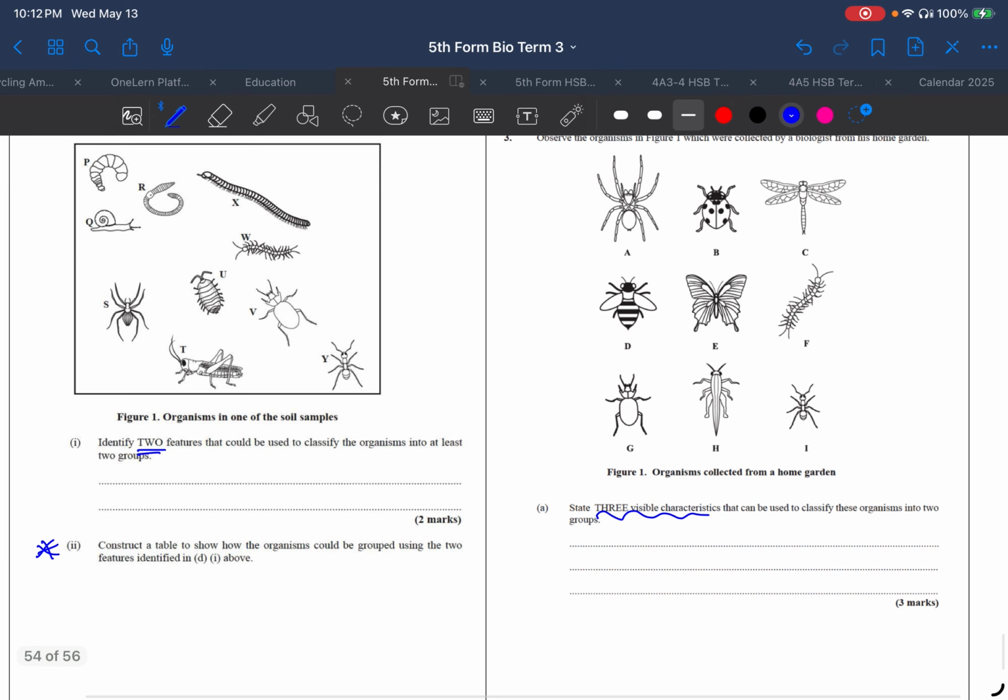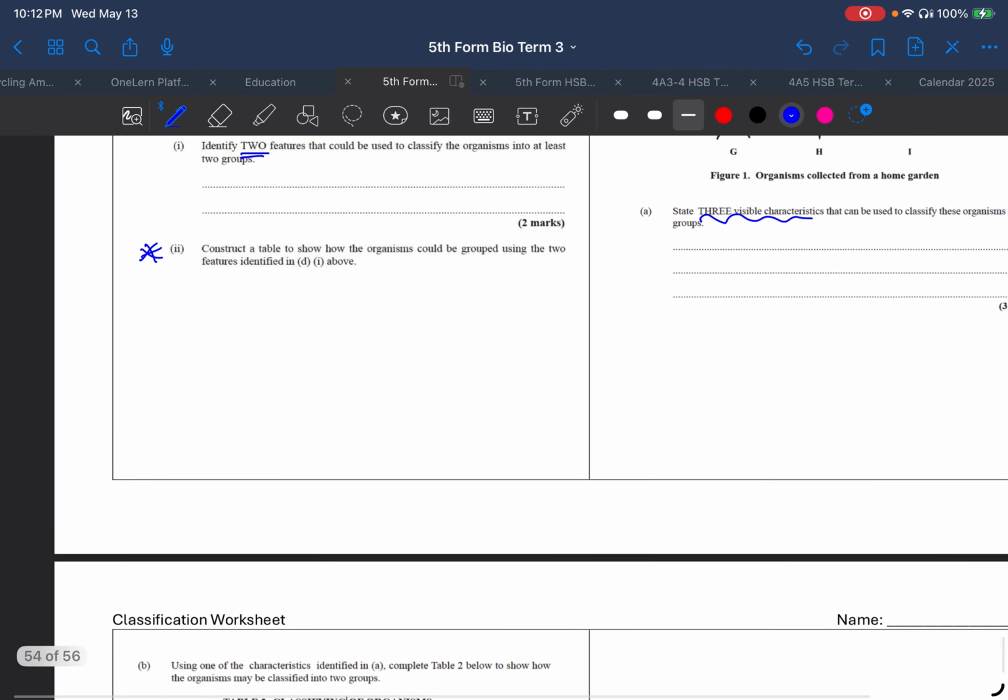And again, observe the organisms, state 3 characteristics that can be used. So same thing. If I do number of legs as 1, and then presence of wings as another, and then perhaps another one could be number of body segments, right?